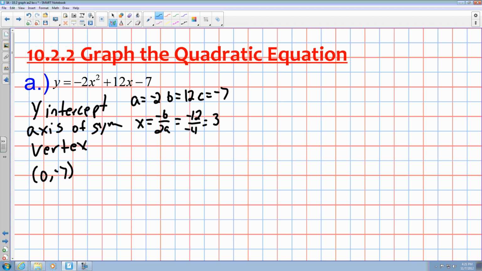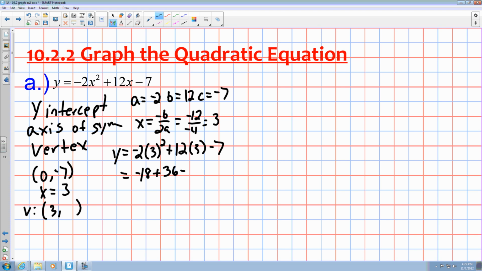And so we have x equals 3, and the vertex is 3 comma, we don't know, but I can plug it back into the original equation. So negative 2 times 3 squared plus 12 times 3 minus 7, which gives us negative 18 plus 36 minus 7, which gives us a result of 11. So our vertex is at 3 comma 11.